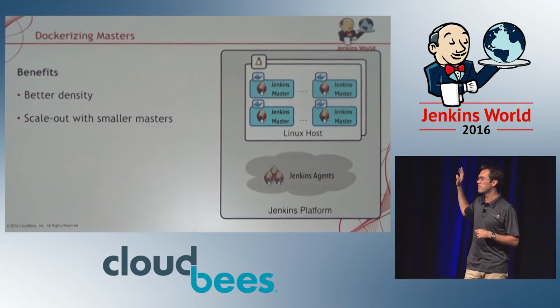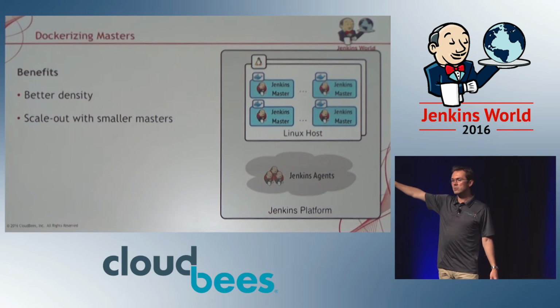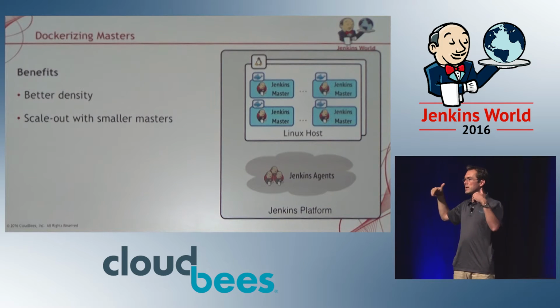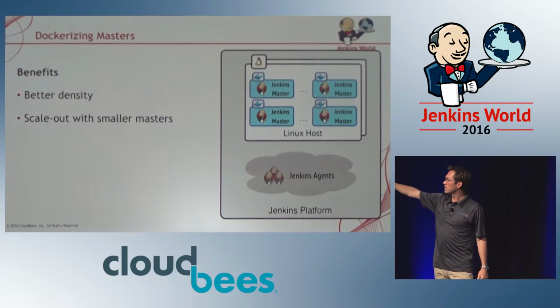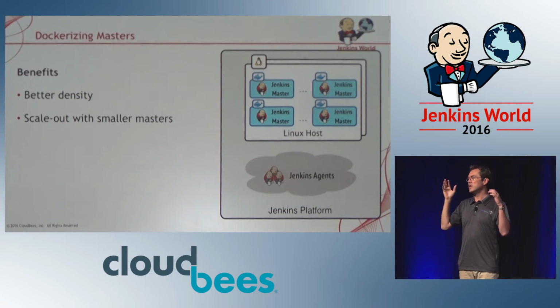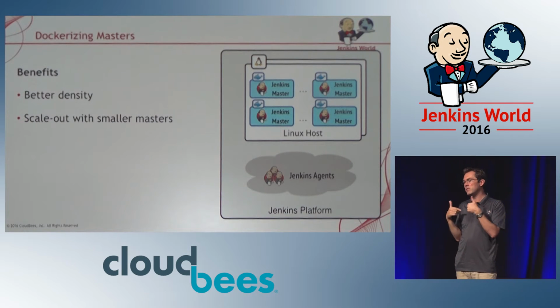Is it a problem? Okay, and here, thanks to Docker, it's much easier for me to manage multiple small masters. And these small masters, I will be able to scale out, each team or each group of users, each organization will have its smaller master.